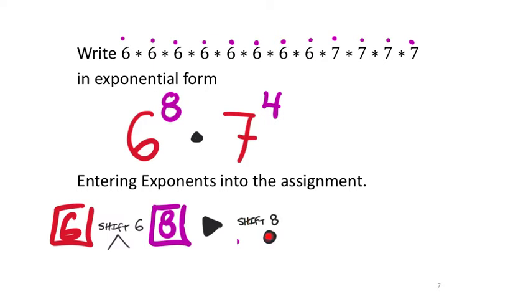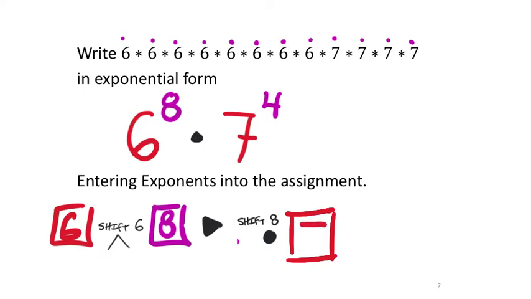Okay, now you're gonna push Shift 8 so you can put in your multiplication. Okay, so if you don't push this symbol, you'll see that you're just typing more things into your exponent mode. We need to get out of exponent mode with this button right here. And the calculator is gonna work the same way when we need to evaluate these. So now that I got my multiplication, I'm ready for my next exponent, which is 7 to the power of 4, right?